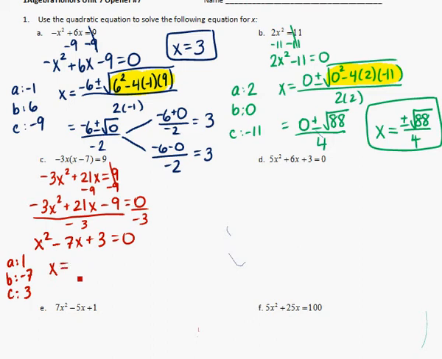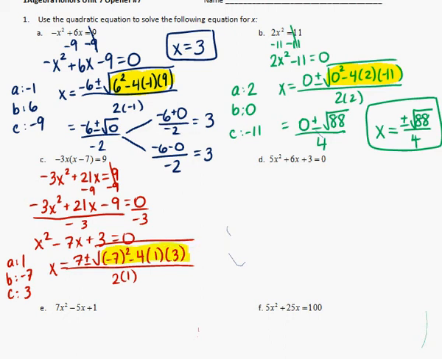X equals the opposite of -7, which is +7, plus or minus the square root of -7 squared. I have to make sure to use parentheses around my -7 so that I don't make mistakes when I go to type it into the calculator. And again, I'm going to do the part that comes underneath the radical first.